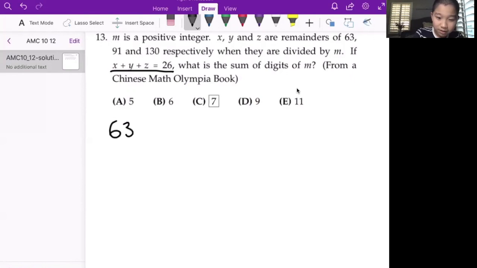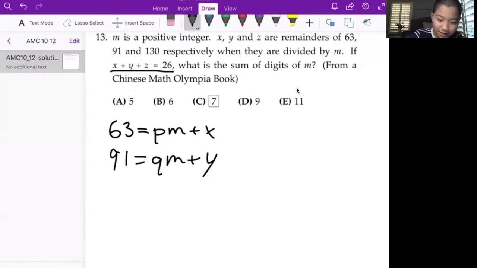So we know that 63 equals an integer times m, so let's say p times m, plus x. And then 91 is q times m plus y, and then 130 equals r times m plus z.